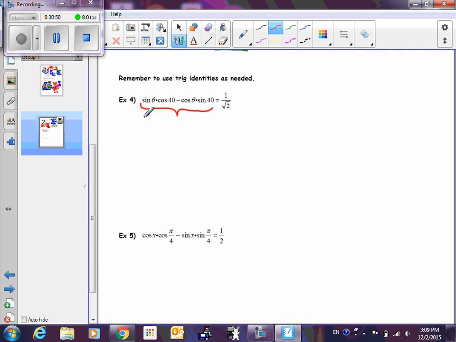Which one is it? Which one goes sine, cosine, minus cosine, sine? Sine a minus b? So sine theta minus 40.